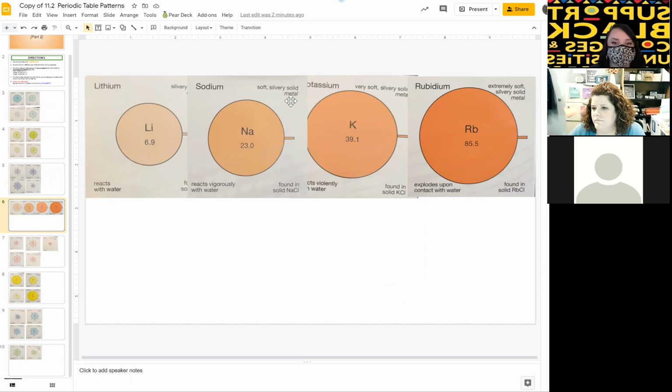So what do you think the size of the circle represents? Okay, it is partially its mass, but if these are individual atoms, what does the size of the circle represent? As the mass goes up, what also goes up in the atom?